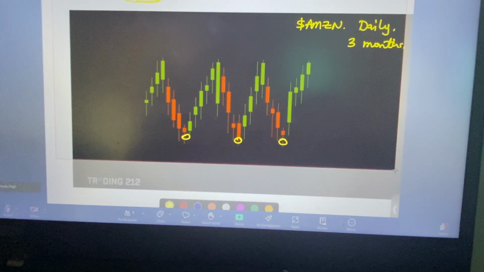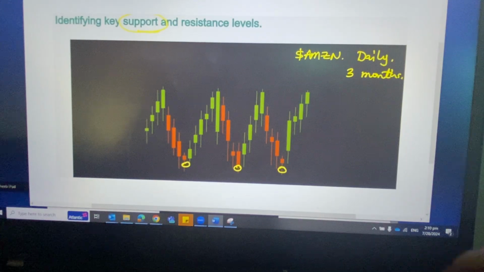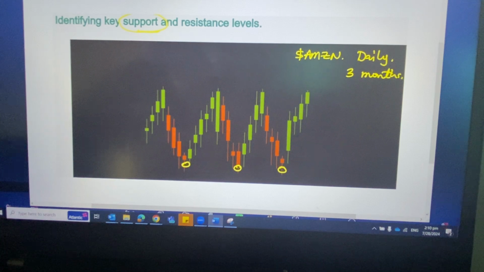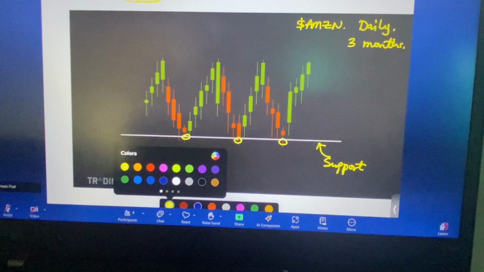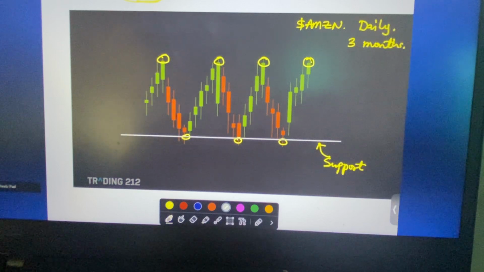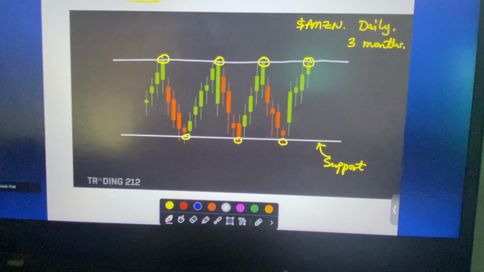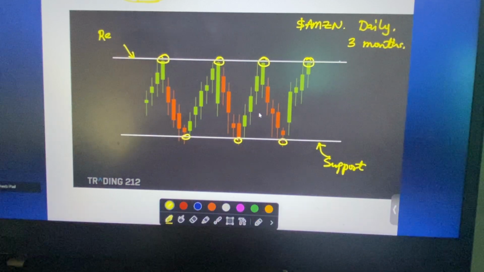So this line is called my support. For resistance, we do the same thing. We identify those high levels in the stock chart, draw a straight line through it, and this is called my resistance.